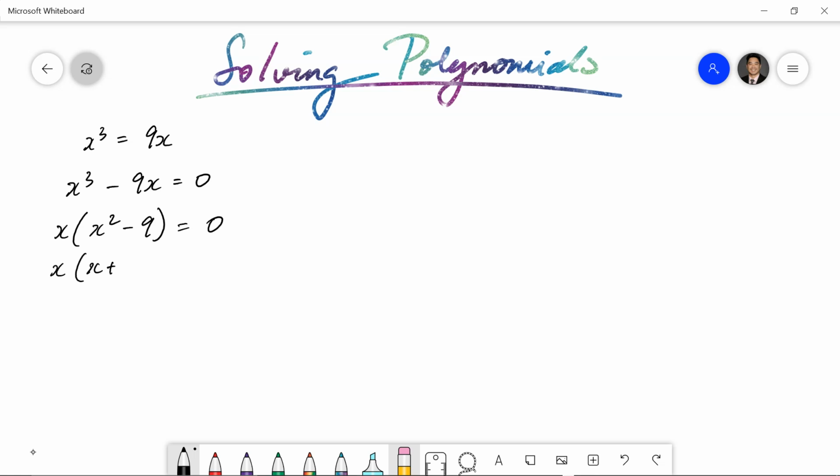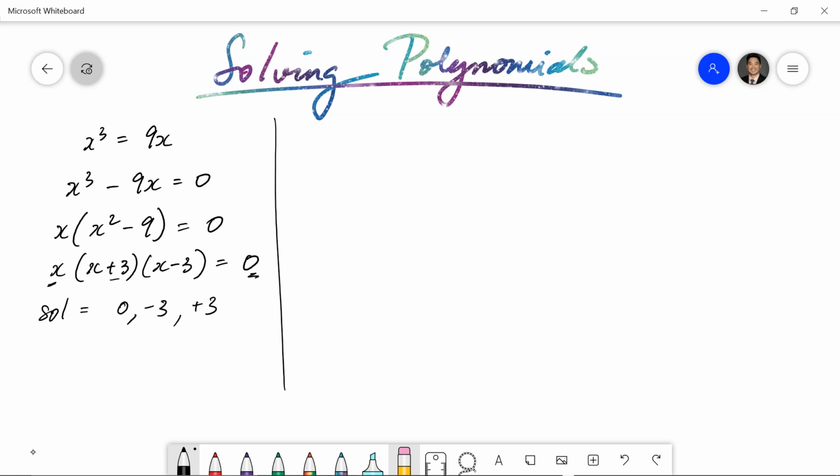If you're familiar with your shortcuts, you do that: x plus 3, x minus 3. So we've got our three factorized forms here. Our solutions are going to be x equals 0, x is equal to minus 3, and x is equal to positive 3. That's your first one.